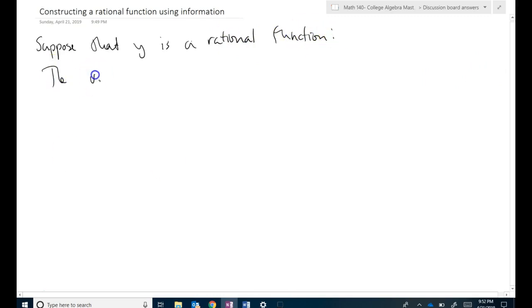The vertical asymptotes are x equals 6 and x equals -4.